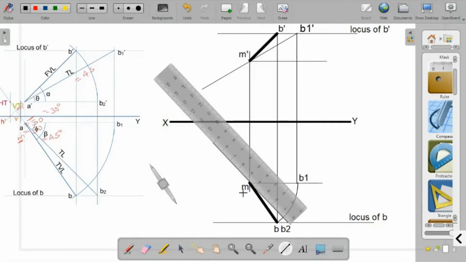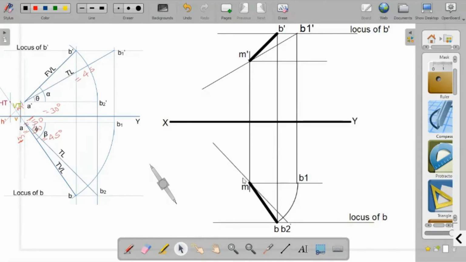Now this is the point A1 dash. This point is A1 dash. Here is the point A2. Now through A1 dash you can draw the locus of A dash.